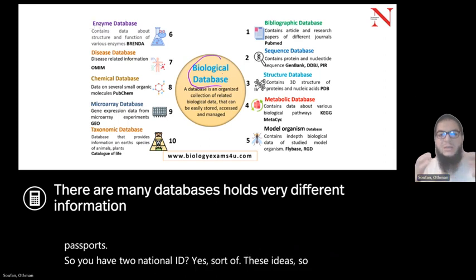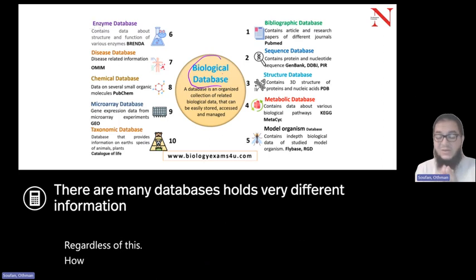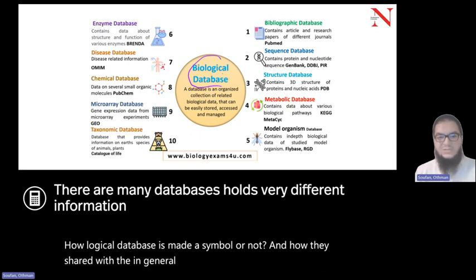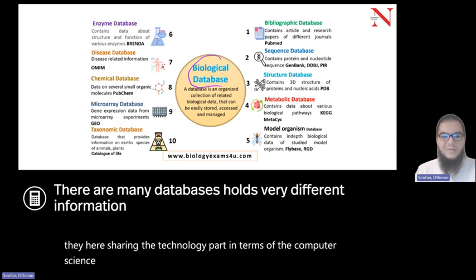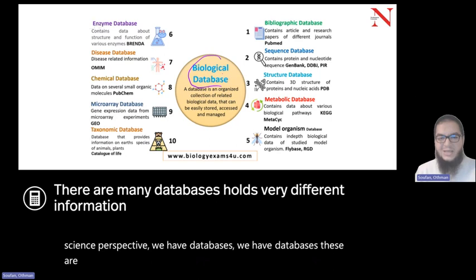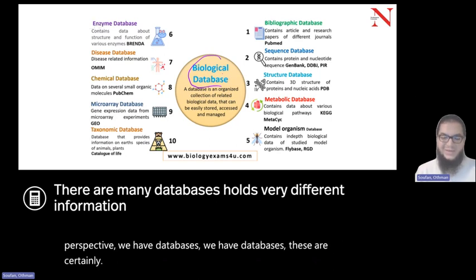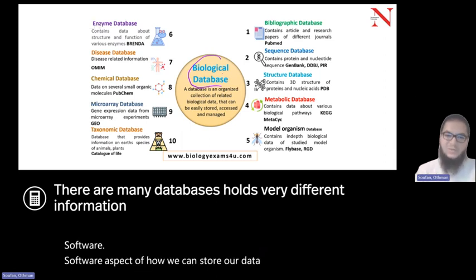So regardless of how biological databases may resemble or not the overall databases that we face in life, they share the technology part from the computer science perspective. We have databases. These are certainly the software aspect of how we can store our data and manage it very well.